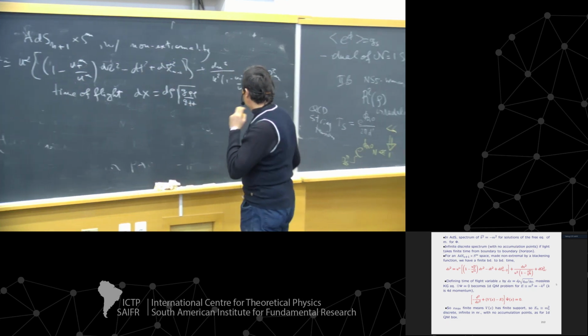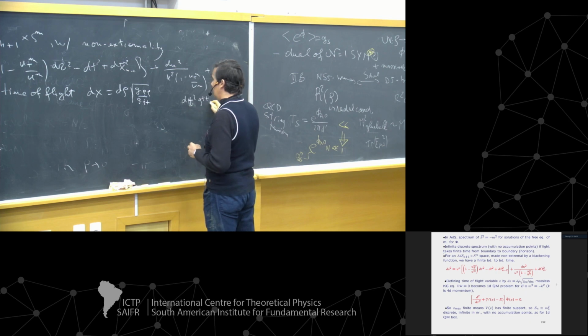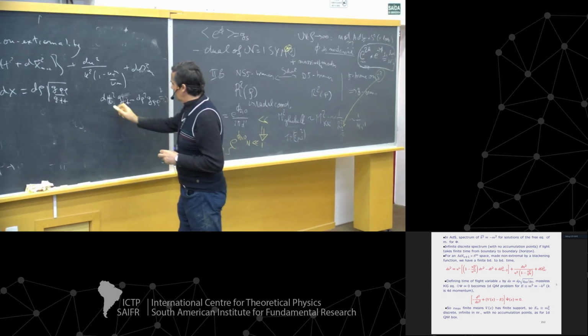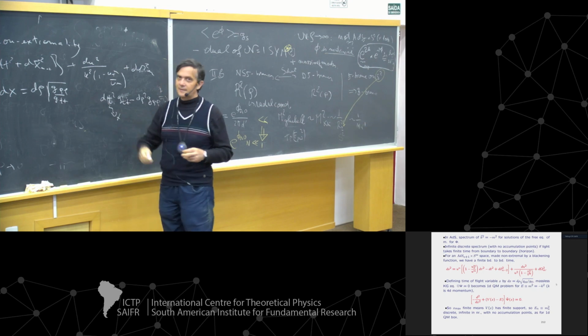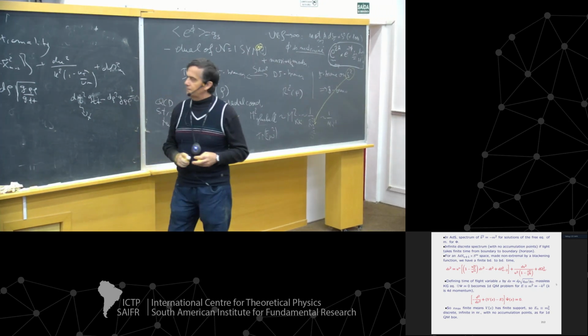Right, so in other words, I consider dt squared gtt minus d rho squared g rho equal to 0. And then I call this x the time of flight, and I get this result.